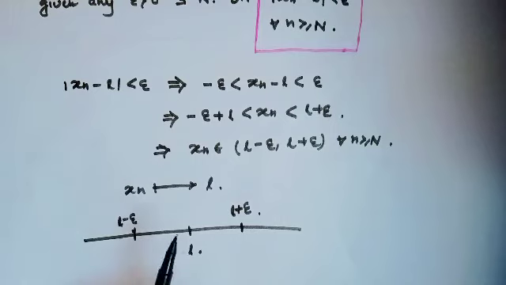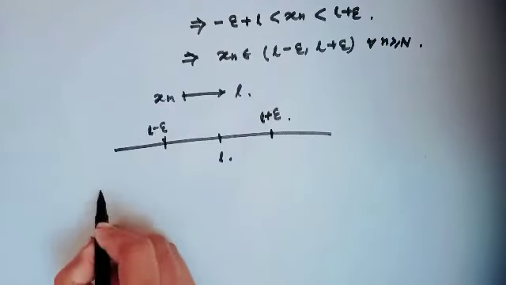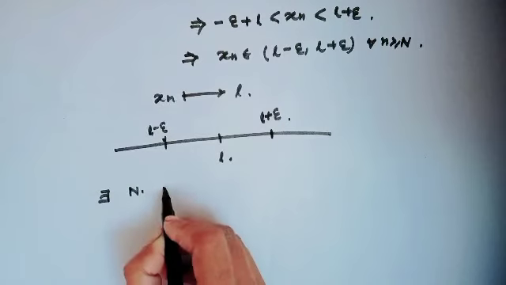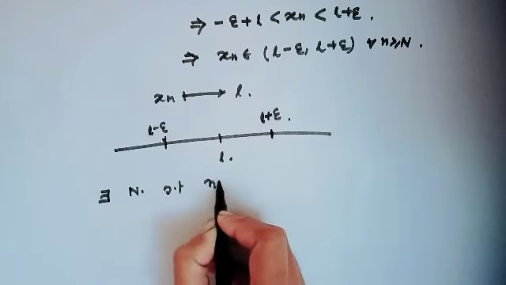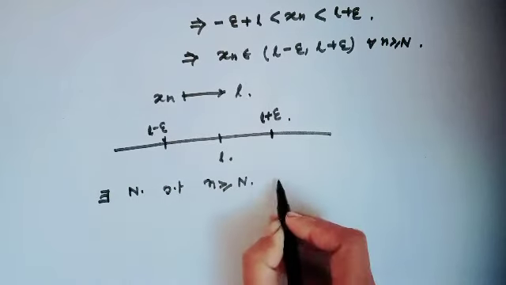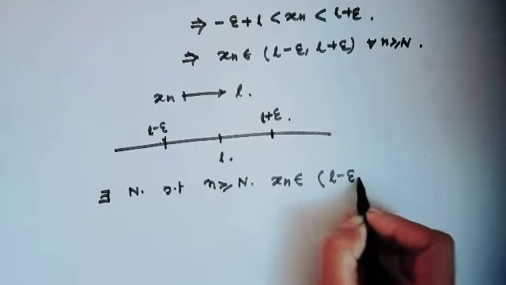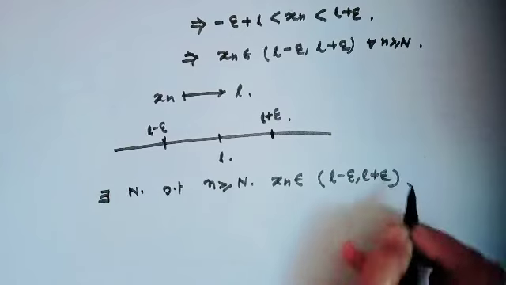Given any epsilon strictly greater than 0, I have chosen an interval around this L. By definition, there exists N such that for n greater than or equal to N, xn lies in (L minus epsilon, L plus epsilon).